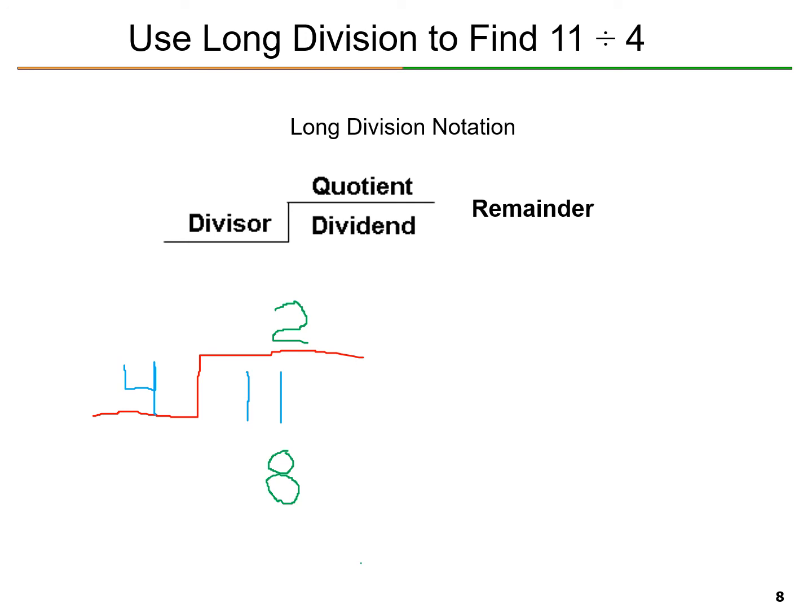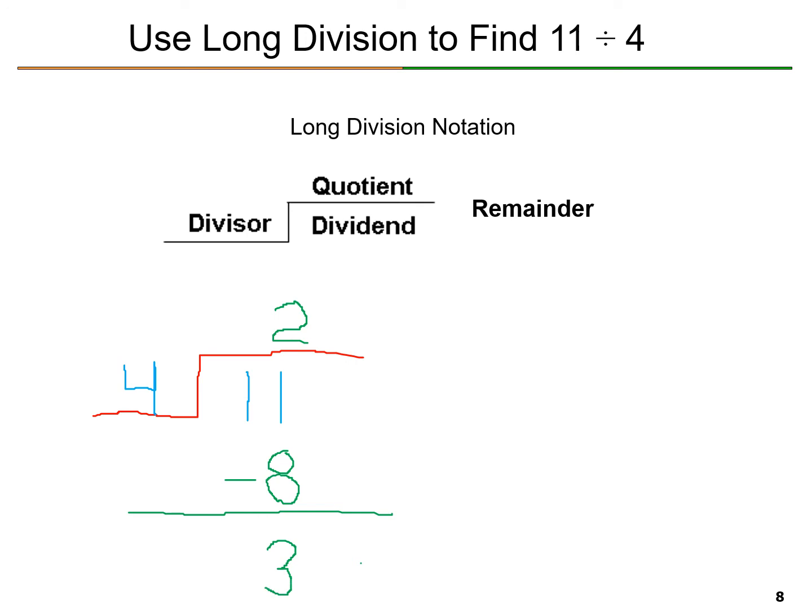Okay, then we draw our horizontal line, and then we subtract. 11 minus 8 is 3. Oops, that is not a very good 3. 11 minus 8 is 3. I'm trying to make a better 3 here.